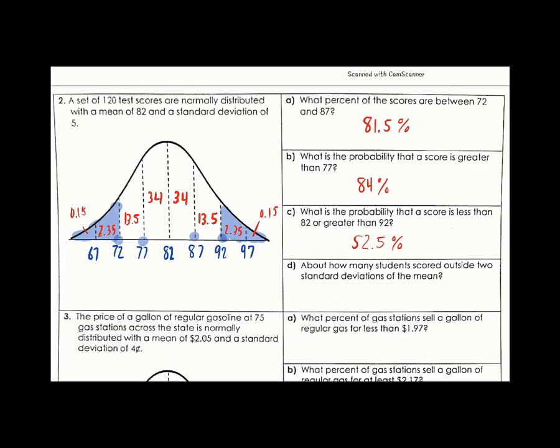So this is the portion we're talking about being outside 2 standard deviations of the mean. Well, that's 2.35 plus 0.15 plus 2.35 plus 0.15, which we've done earlier, is 5%. The question that was asked earlier was a little different than that, but that's how you do it. Okay, pretty simple. I hope that you guys understand that.